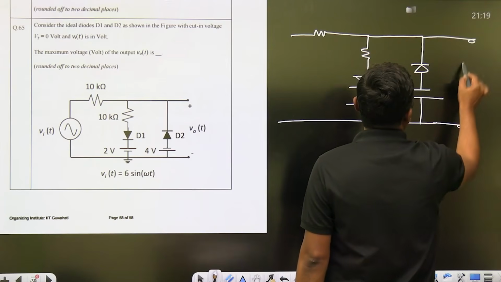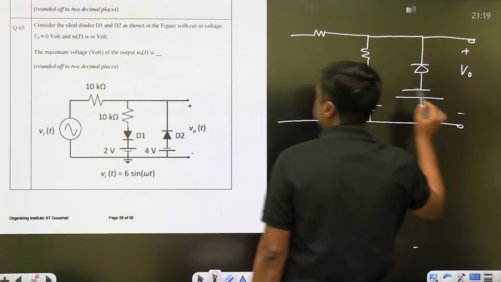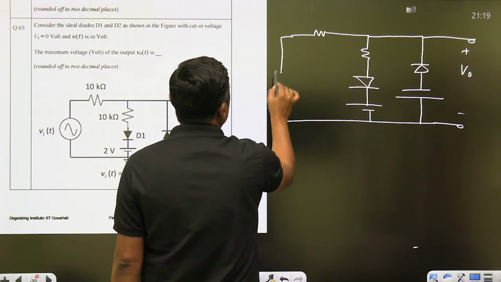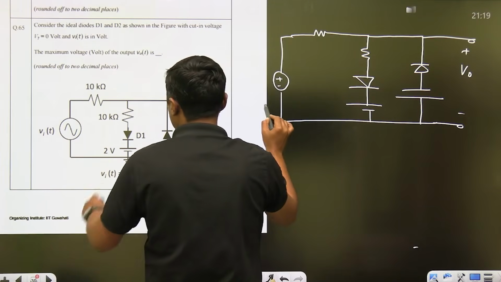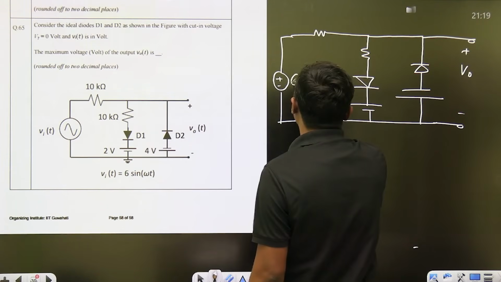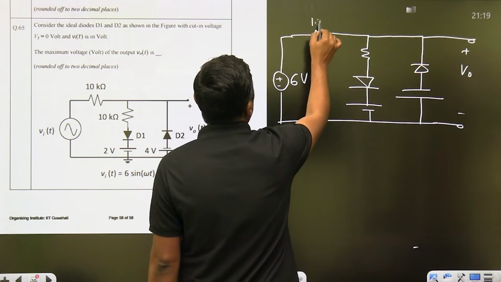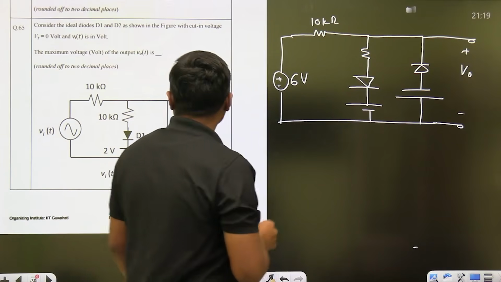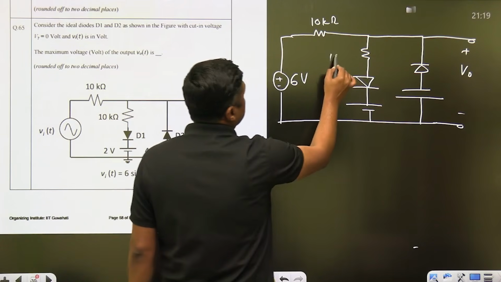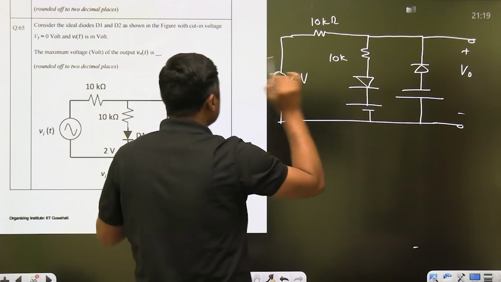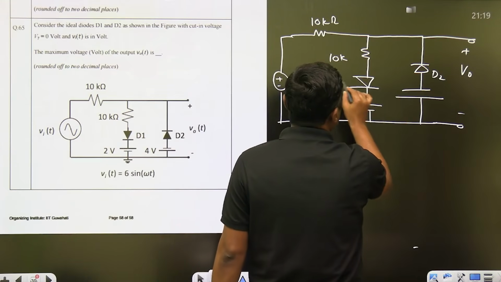What is the maximum value of the input here? 6 sine omega t, so the maximum value is 6 volt. This is the 10 kilo ohm. This is D2. This is D1.